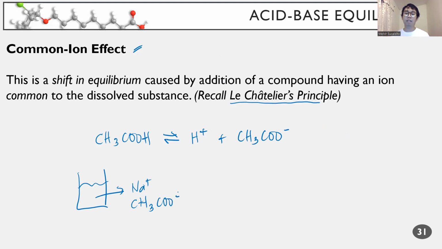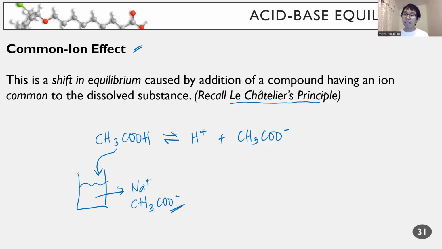So basically, if you mix any base or acid with its own salt, then something will shift in the equilibrium. So for that case, how will the equilibrium shift? If you add acetic acid here, initially there are already acetate ions present in your mixture.